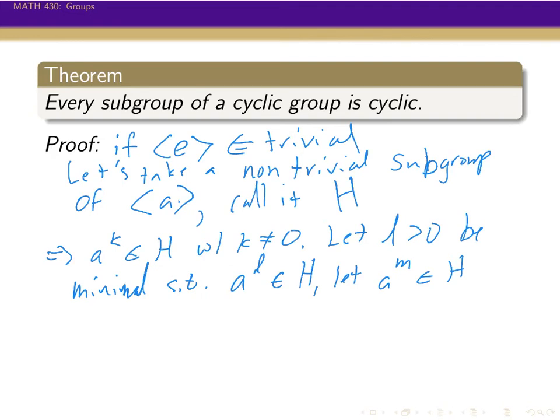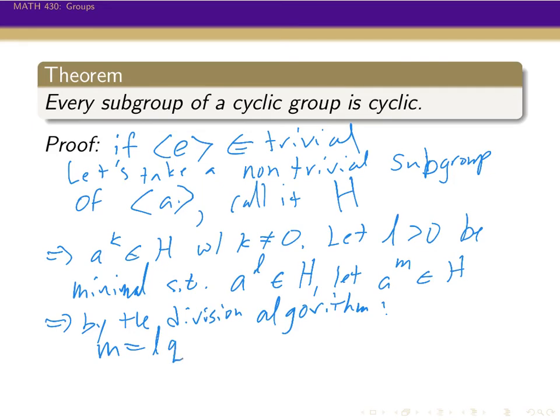And so this means, using the division algorithm, I can write M equal to L times Q plus R, where R is at least 0 and strictly less than L.